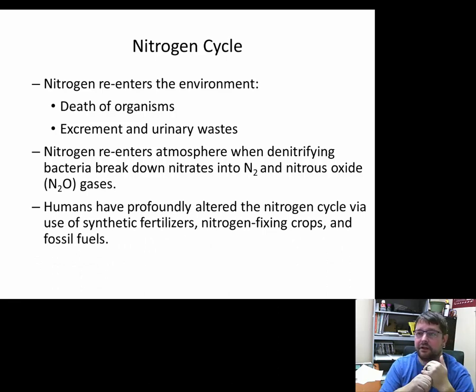And with modern technology and human capabilities, we can alter the nitrogen cycle a lot in certain regions, by using synthetic fertilizer or nitrogen-fixing crops, or by dumping excrement and urinary waste, or by burning fossil fuels. We can add nitrogen back to the atmosphere, and we can change the nitrogen cycle. And we have, in some regions, changed it drastically.